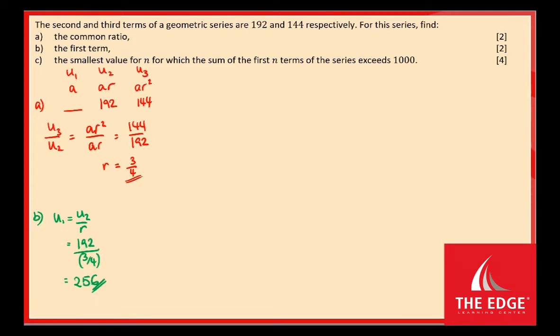So now what we're going to look at is part C. If we have a look at this one, it's dealing with the sum. It wants us to recall the fact that the sum of all terms in a series can be found using this formula.